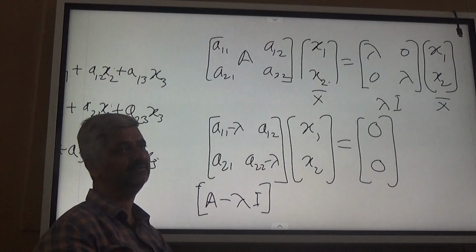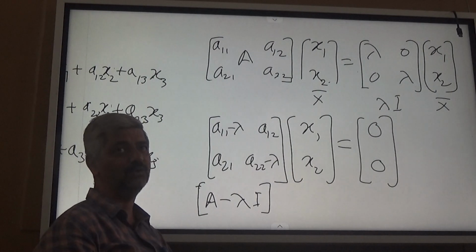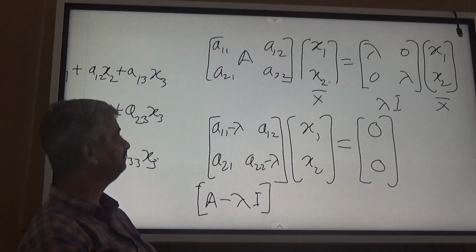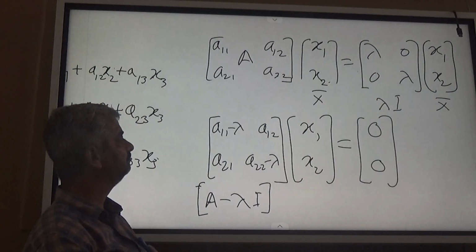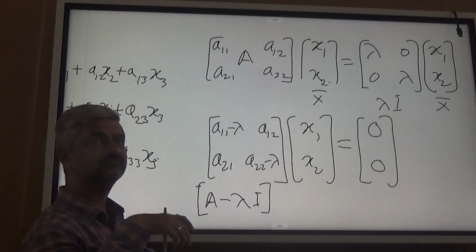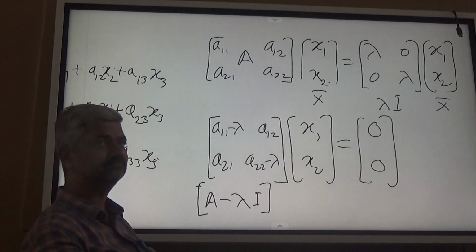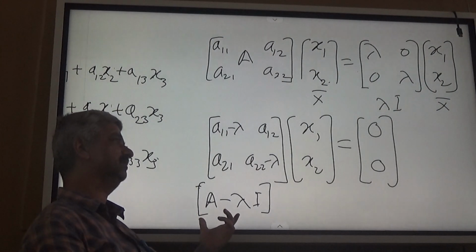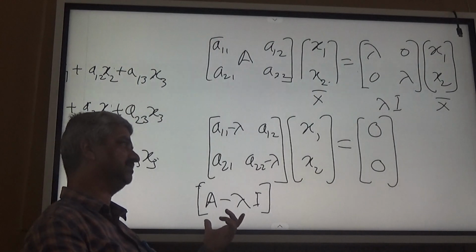So what should we get? One matrix into a vector yields a zero vector.